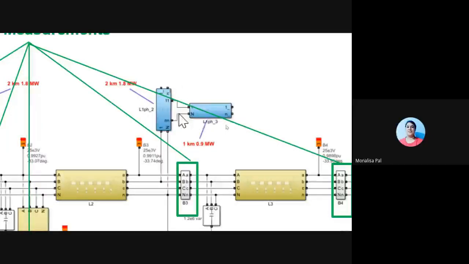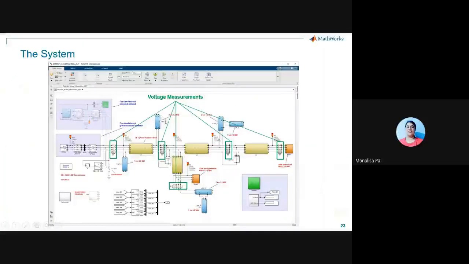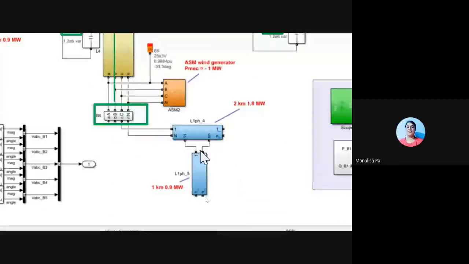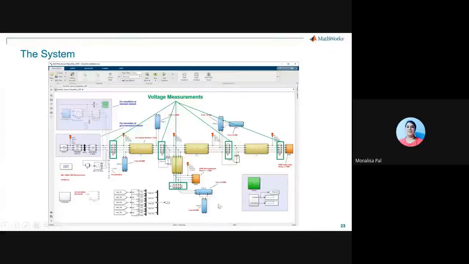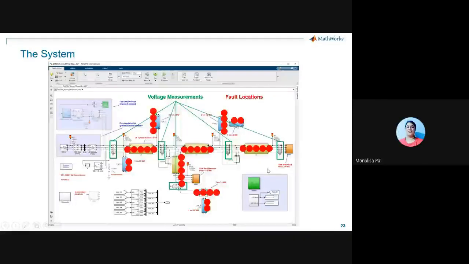This kind of fork is not there in this particular line, not there in this particular line, but again there in L1 PH4 and PH5. And when this kind of fork occurs, it becomes difficult to specify where exactly the fault has occurred. So that was the underlying message from this particular experiment.